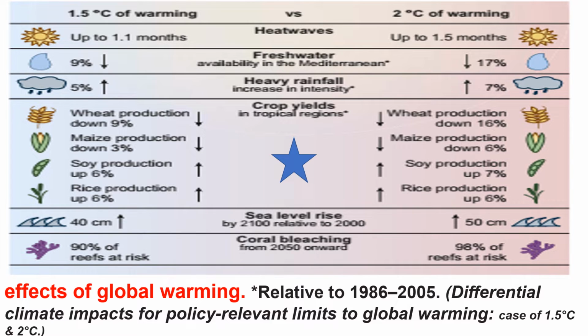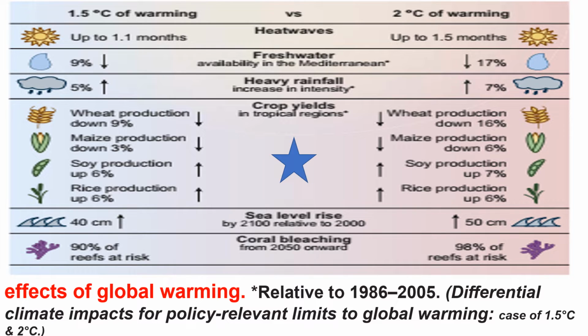If it increases 2 degrees centigrade, heat waves will last up to 1.5 months. Fresh water availability in the Mediterranean will decrease by 17%. Heavy rainfall will increase by 7%. Decrease in wheat production by 16%.